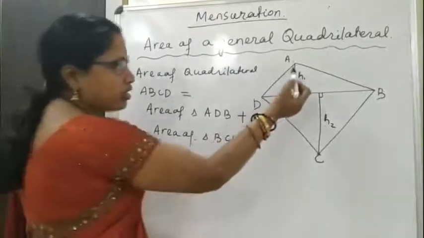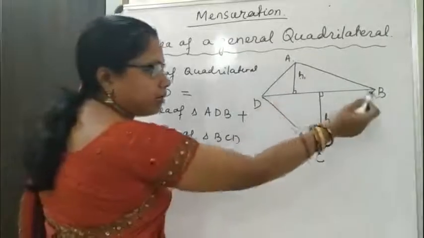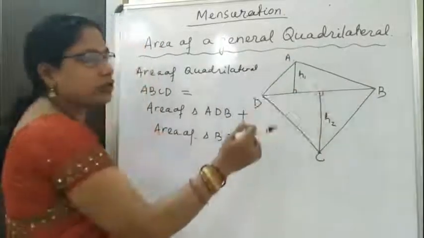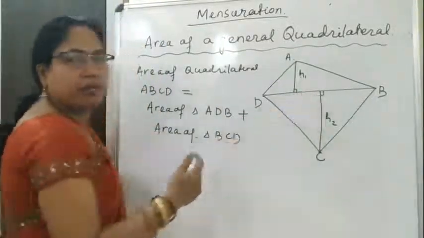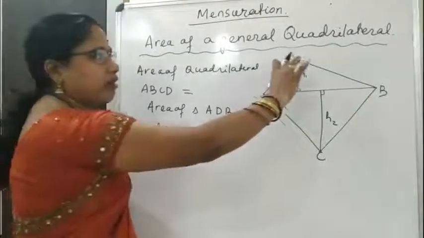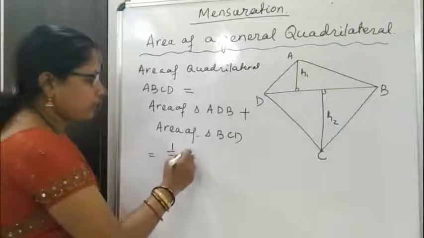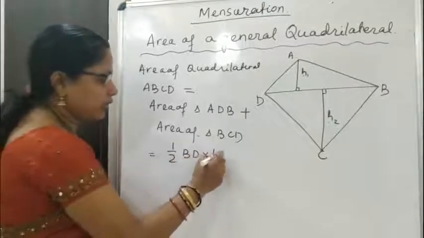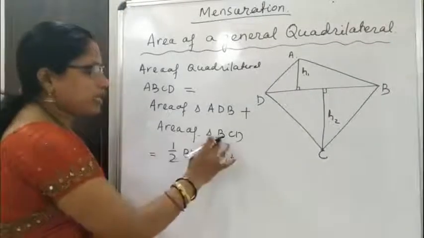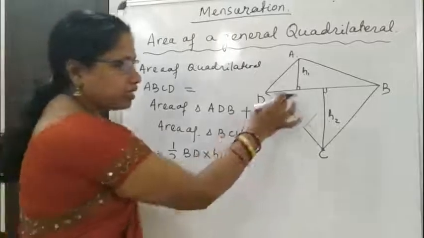So what is the area of triangle ADB? Half base into height. If we take base as BD and the height as H1, this is equal to half BD into H1, plus area of triangle BCD.